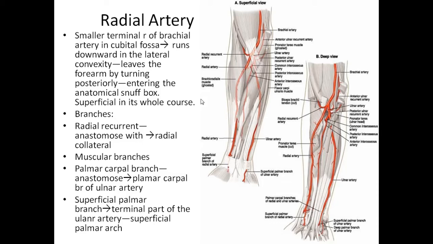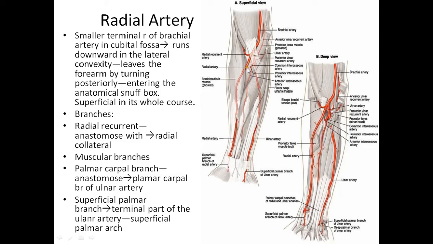The artery that is found in the anterior compartment is the radial artery, and the radial artery is the most superficial artery in the anterior compartment. It is the small terminal branch of the brachial artery and arises in the cubital fossa and enters into the forearm approximately at the neck of the radius.